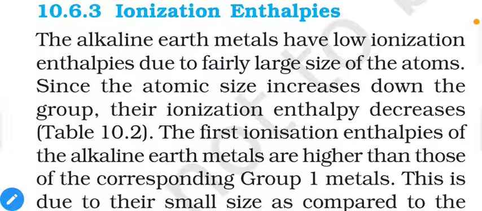Next is ionization enthalpies. The alkaline earth metals have low ionization enthalpies due to the fairly large size of their atoms. Since the atomic size increases down the group, their ionization enthalpy decreases. Now keep in mind, ionization enthalpies are always positive. That means removal of an electron always requires energy. So the lower the value of the ionization enthalpy, the easier the reaction will be.